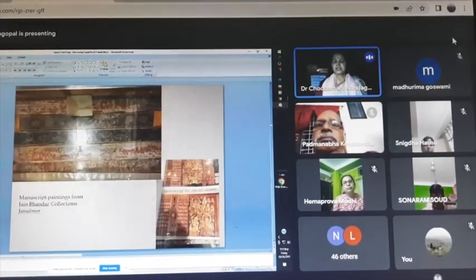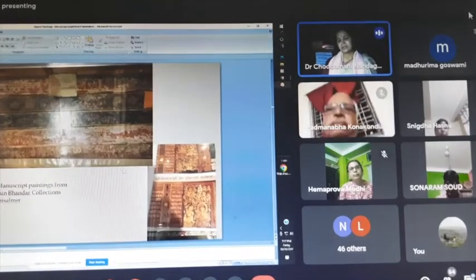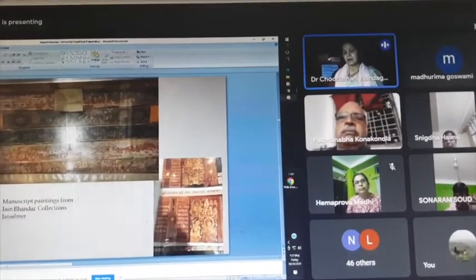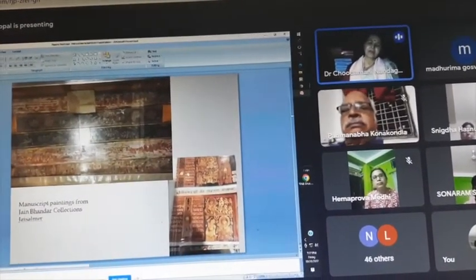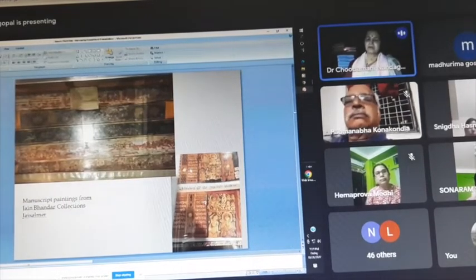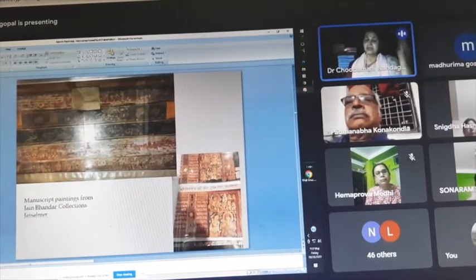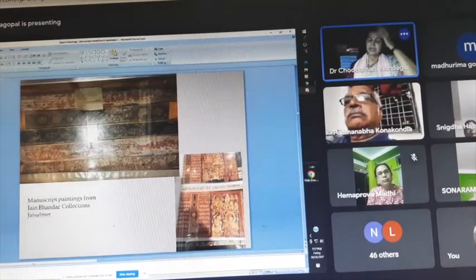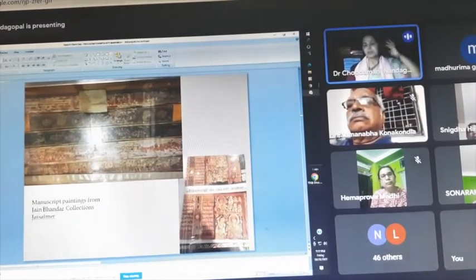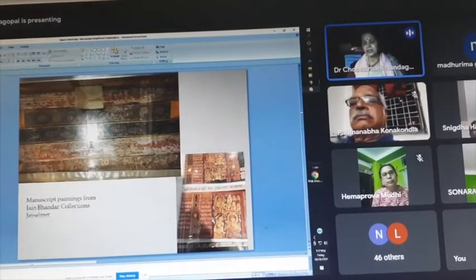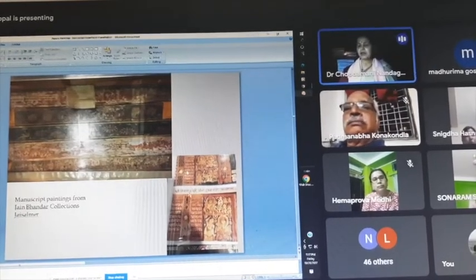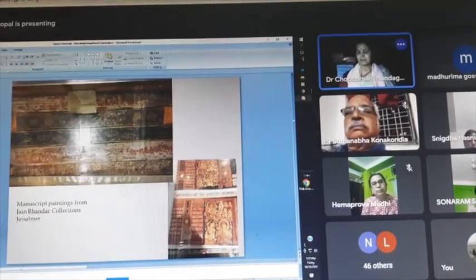This is a manuscript from the Jain Bhandar collections, Jaisalmer. When I visited Jaisalmer, I photographed this. It's very difficult to get permission from the Jain monastery, but fortunately I got it. You see, it has a different way of putting things.